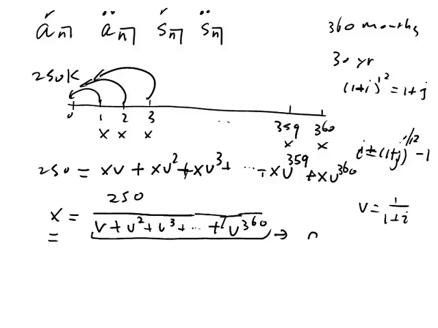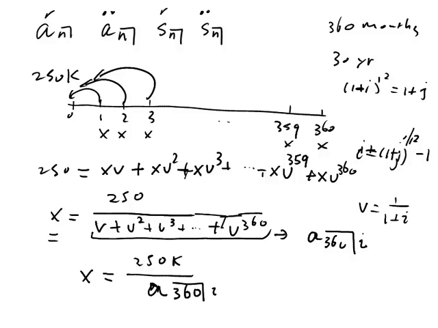This is a angle 360, the annuity present value. We have 360 payments, and the interest rate is I. So now your X becomes very simple. X is 250K divided by a angle 360.